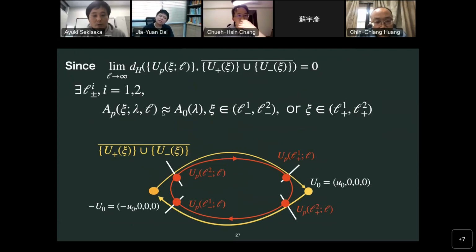AP is nearly equal to A0 on these intervals. This means that we can take a Poincare section near the equilibria U0 and minus U0, and we have such L's.